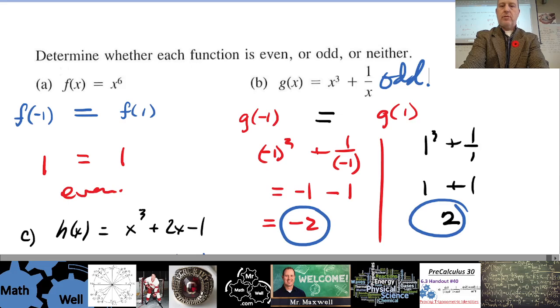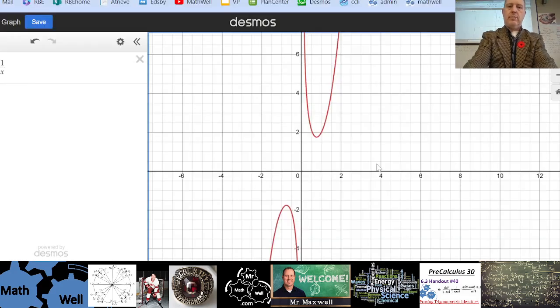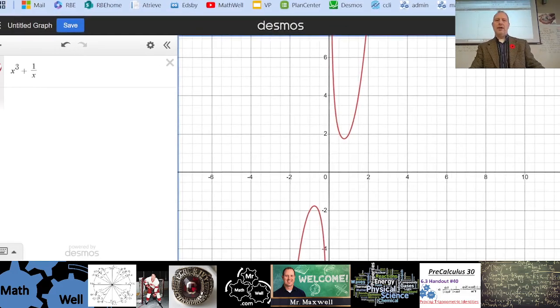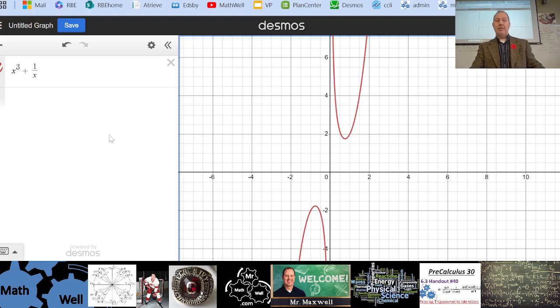Let me graph this for you real quick. Here's that function, x cubed plus 1 over x. We obviously have a problem at 0, if x was 0, so there's our vertical asymptote. But if you were to spin this around the origin, it would map onto itself halfway around. This would spin down to here, and this would spin up to there.